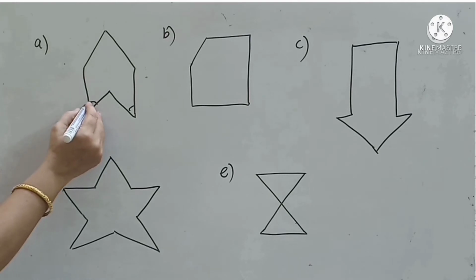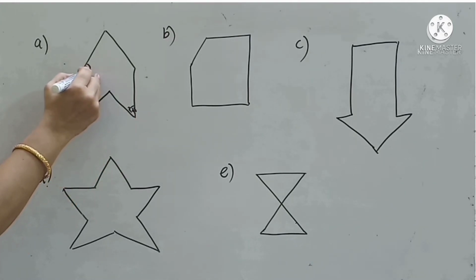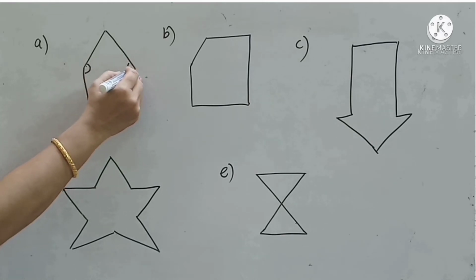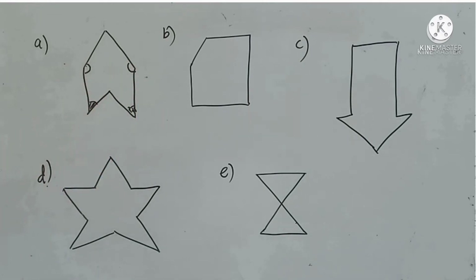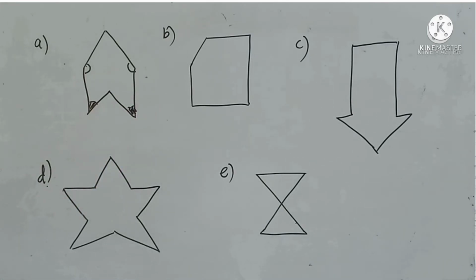So these two angles are equal, and then these two angles are equal. Here I shaded these two angles. Without shading, I marked these two angles. So we shaded equal angles for A question.